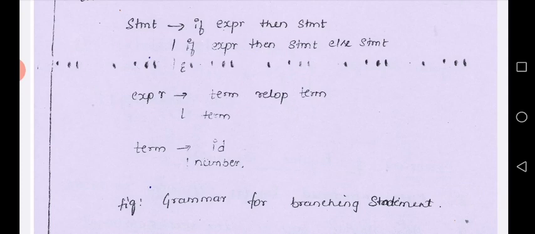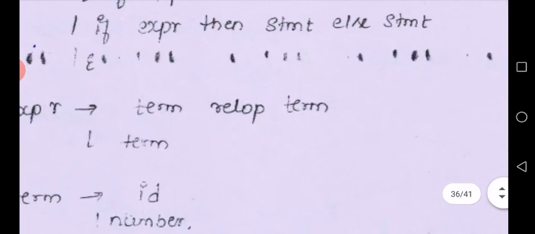So the term may be ID or else a number. Say, n greater than 1. If n greater than 1, then print some statement we are having. Now in case of this example, just observe here: term, relational operator, and again you are having a term, right?